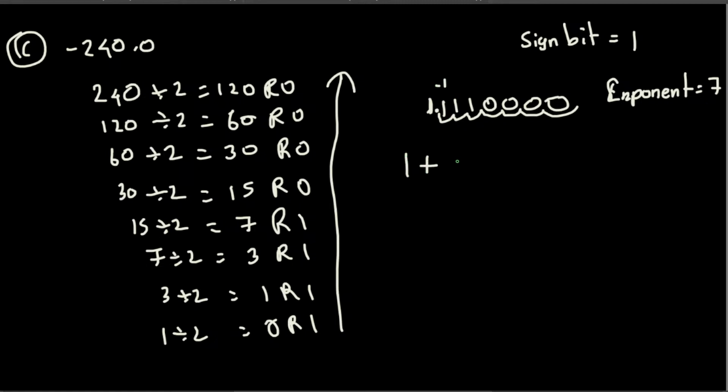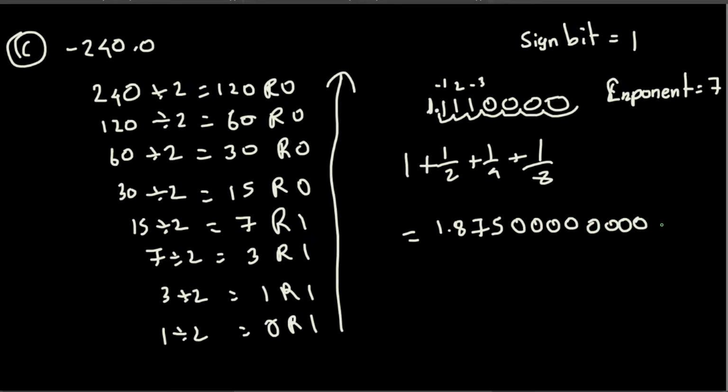And at 2 power minus 1, we have 1 over 2. Minus 2, we have 1 over 4. And then minus 3, we have 1 over 8. If you add them together, that's the mantissa. So this is 1.875. 5 digits are gone, 11 more digits left. We fill those up with zeros. And that's our mantissa.